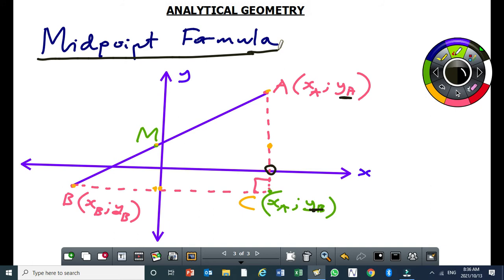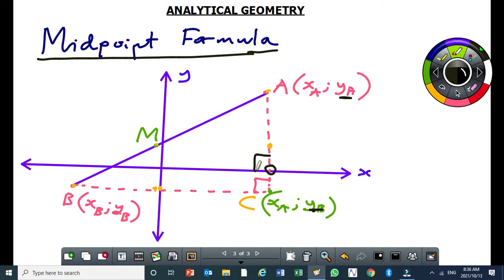All right, look here. If AC is perpendicular to BC, it means that the angle here is also what? 90 degrees. Right? So the distance from this point to A will be equal to whatever the value of y is.